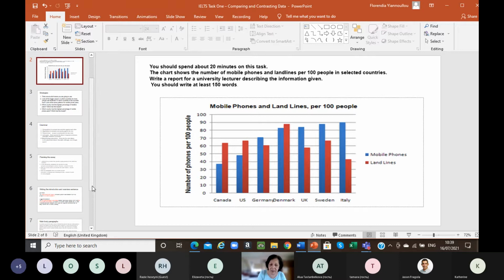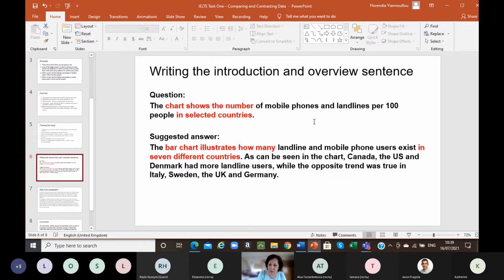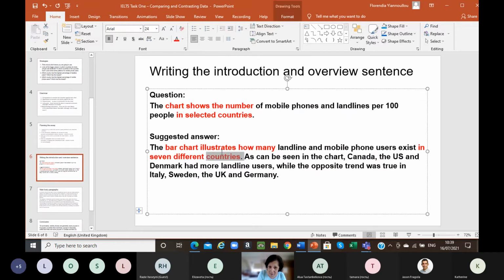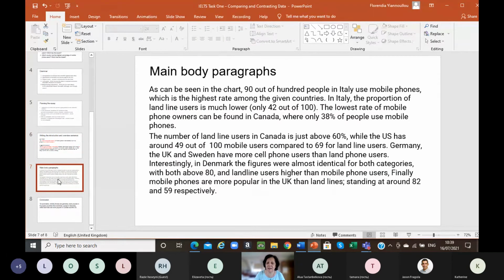So if we come back to this, as I said, you've got your introduction, which we have paraphrased here in around 30 words. Then we have used this overview sentence, which is slightly longer, about 40 words. Then you're going to have 2 paragraphs where you're describing the key data.